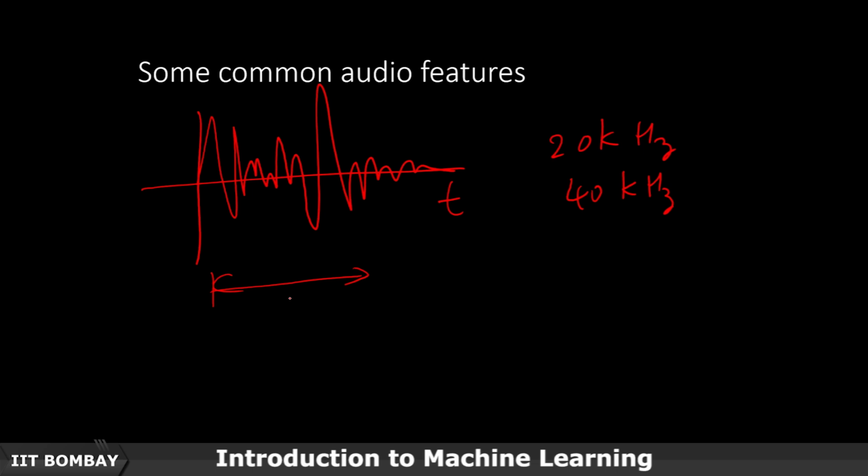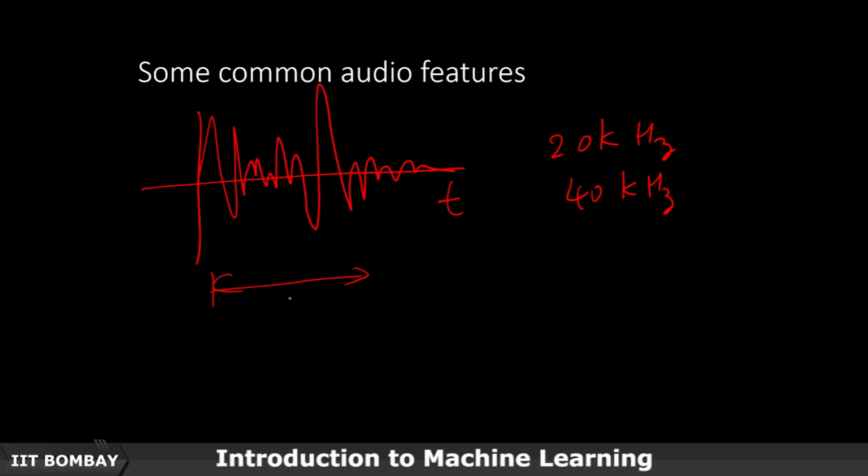It depends on the person, and also on when they speak. If they repeat the same sentence, it could take a different time. So we want to extract features that are meaningful for audio and yet useful for the task at hand. What has been observed by a lot of research into sound is that the frequency component, the power in different frequency bands of an audio signal, is important.